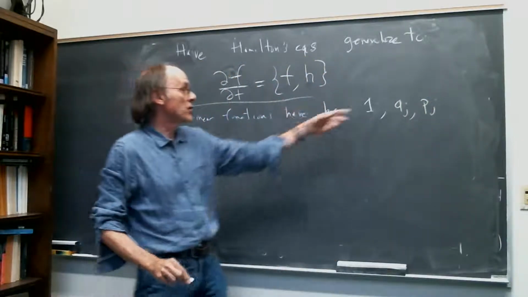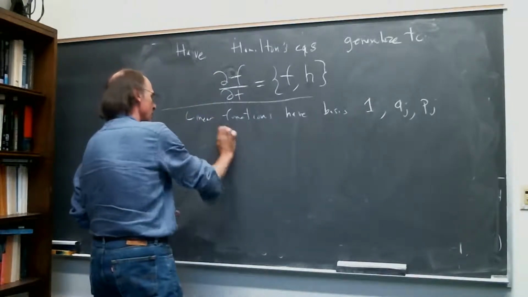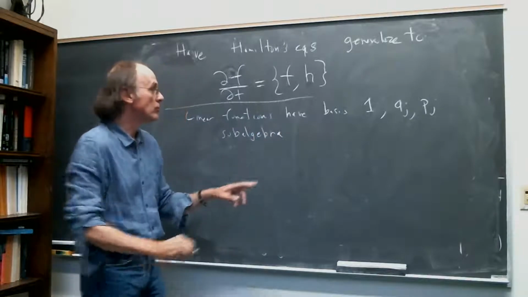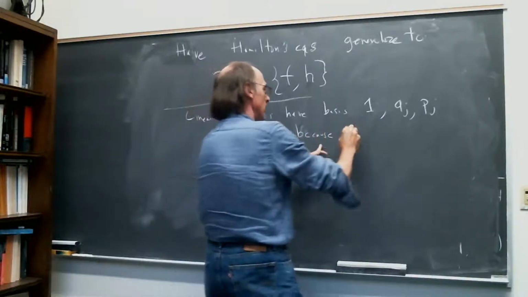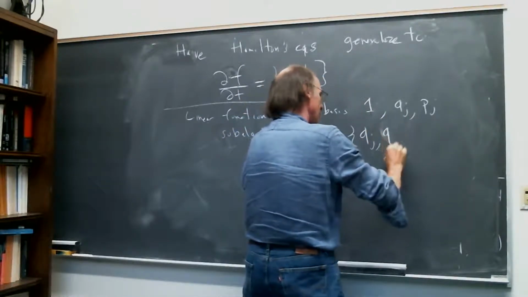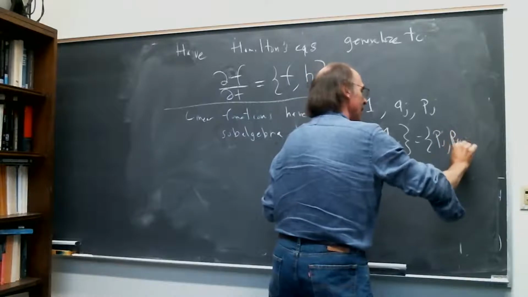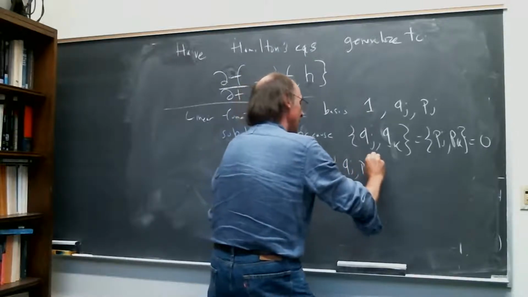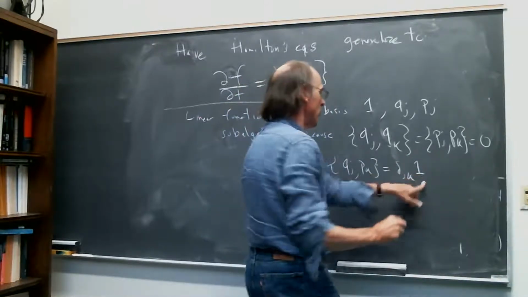Linear functions on R^2d are given by these, and they give a subalgebra of the Lie algebra of all functions, because QJ, QK is equal to PJ, PK is equal to 0, and QJ, PK is equal to delta JK plus 1, and then one commutes with everything.